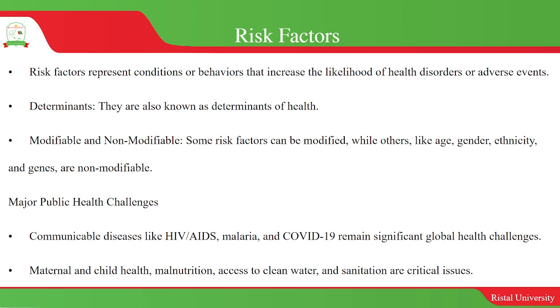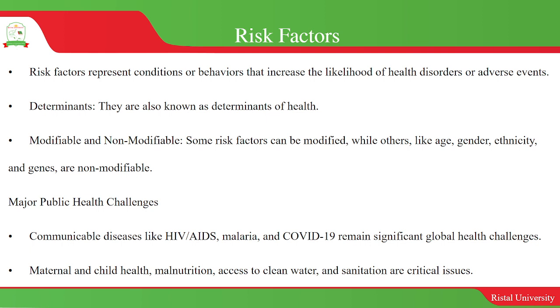We have found some factors that give us an increased chance of getting particular diseases. These factors can be modifiable or non-modifiable. Non-modifiable, of course, they can't change. Your age, your gender, ethnicity, you cannot change. Okay, but your behaviors, they are modifiable.